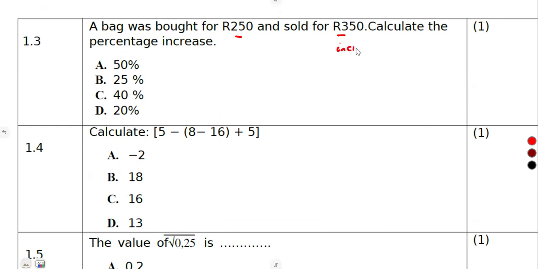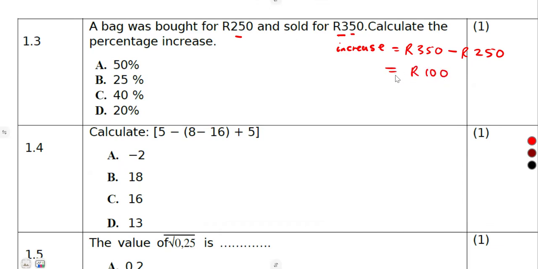What is our increase? The price was originally 250, now 350. So it's sold for 350 minus the cost price, which is 250. So we need the difference. That is 100.